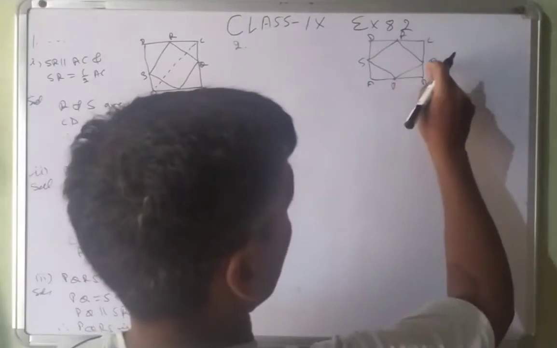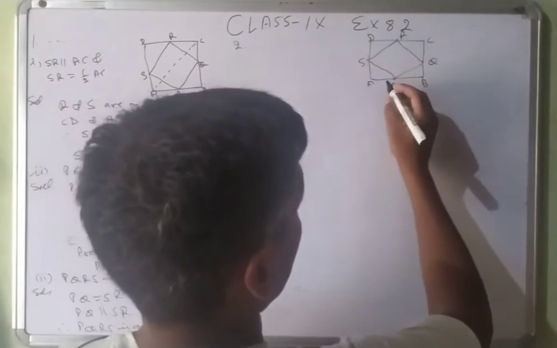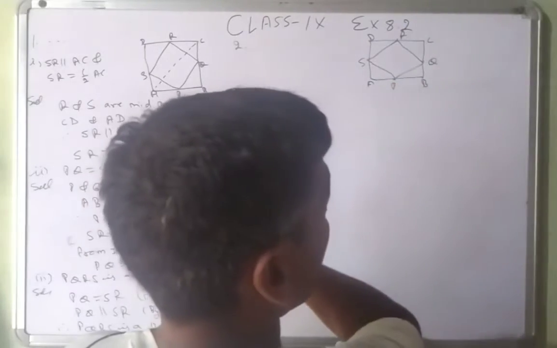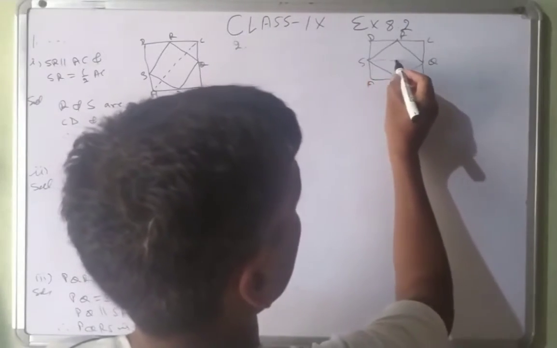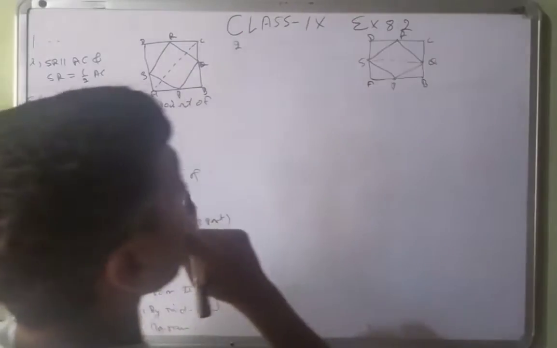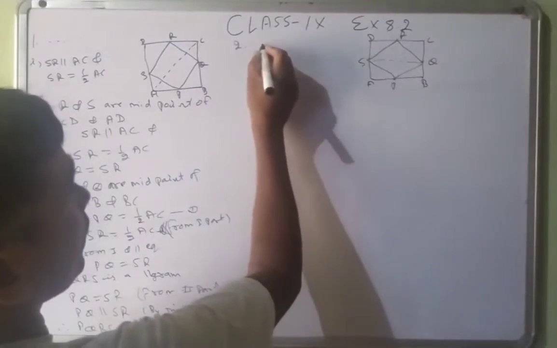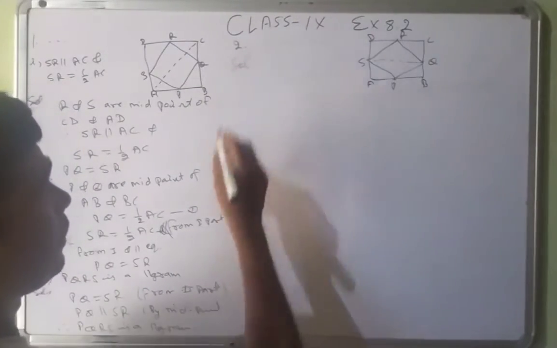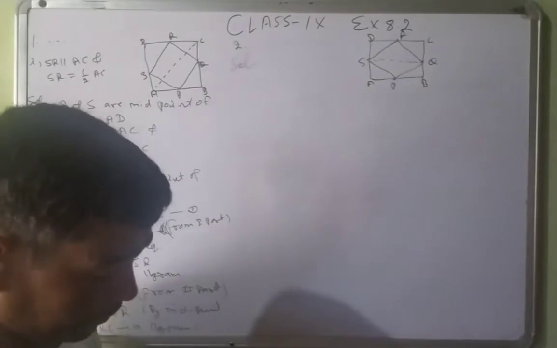We will prove that PQRS is a rectangle. Solution.